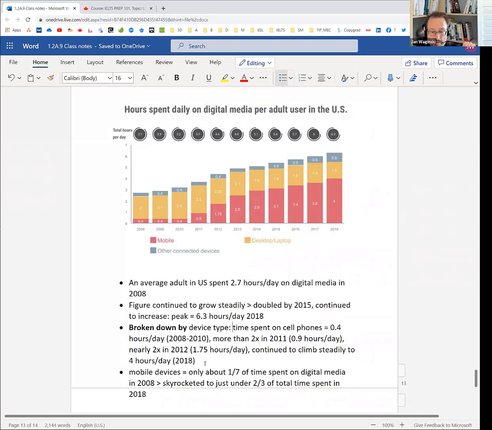Okay, now be careful. I thought I heard present perfect. Remember, you can't use present perfect when you're speaking about events in the past. Okay. So broken down by device type, the time spent on cell phones amounted to, or was, 0.4 hours per day between 2008 and 2010, and it more than doubled in 2011 to 0.9 hours per day.